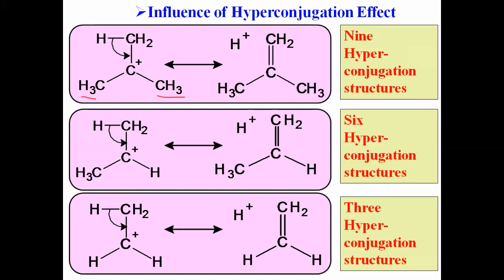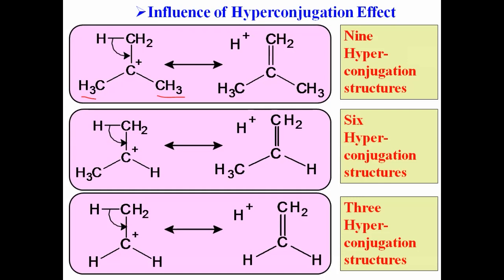Which is more stable? Tertiary is more stable because it has 9 hyperconjugation structures. Hence, tertiary is more stable than secondary, which has 6 hyperconjugation structures, and which is again more stable than primary, which has 3 hyperconjugation structures. Thus, on the basis of hyperconjugation structures, we can explain the stability of primary, secondary, and tertiary carbocations.